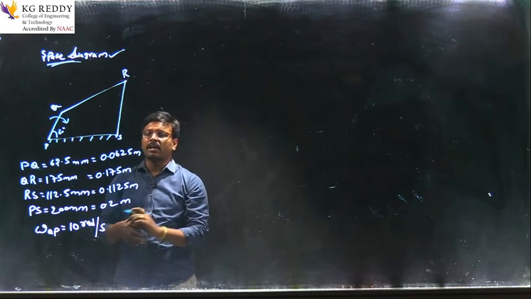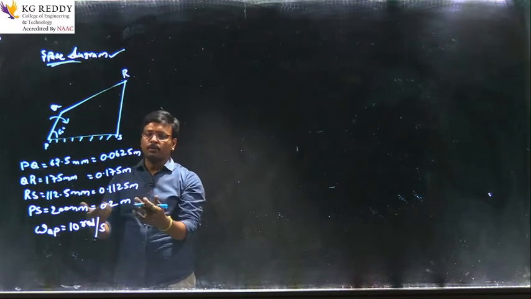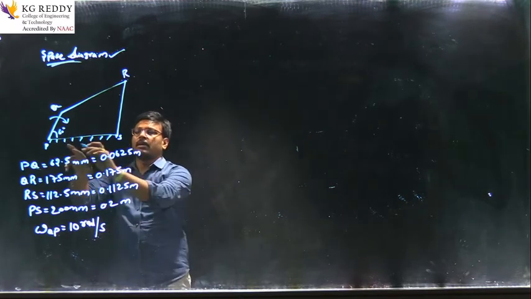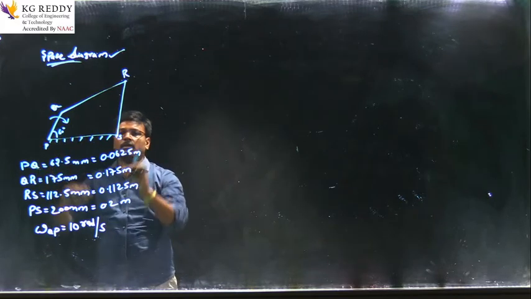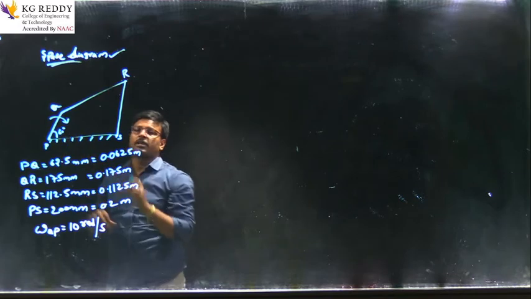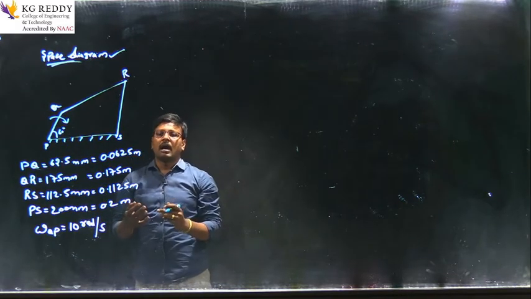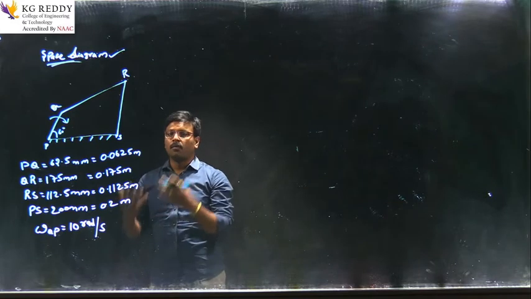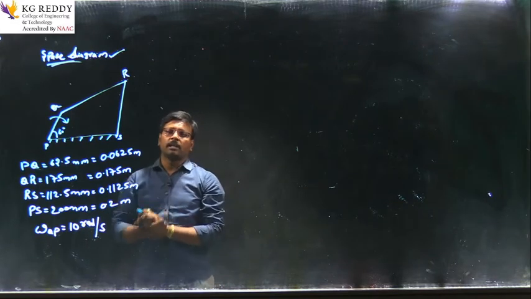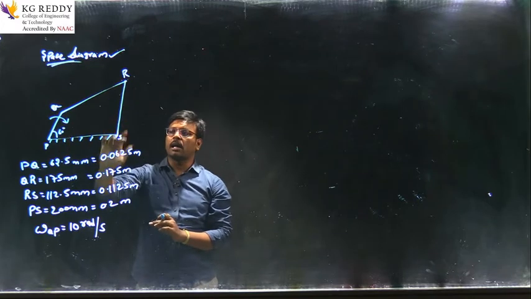We have to consider the scale, whatever it is up to you. Then, using the same scale, centimeters in centimeters, we frame a space diagram. Then they are asking to find the angular velocity of these different links, PQ, QR and RS.